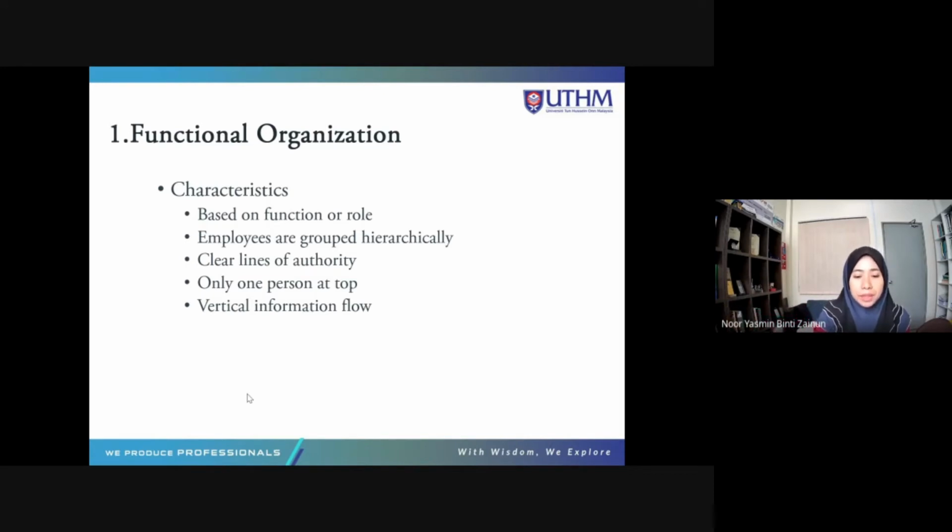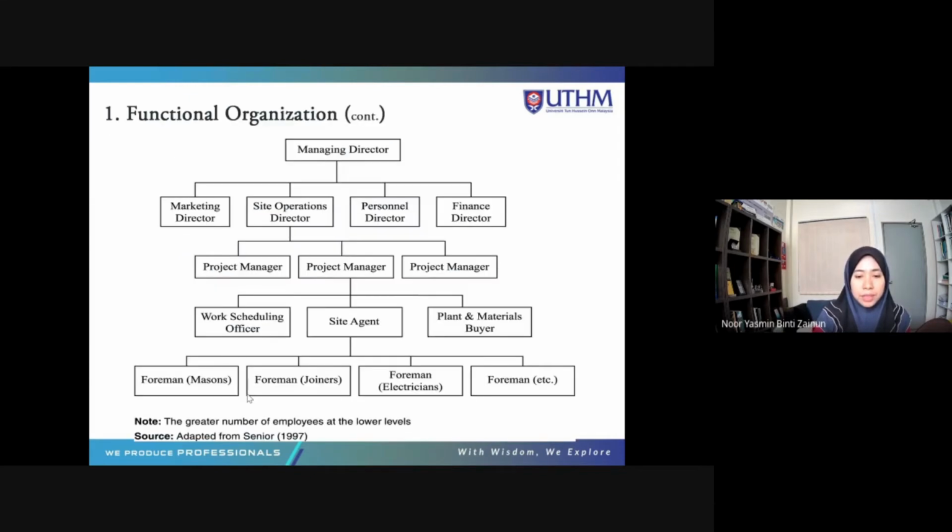And it has vertical information flow. Contoh macam ni. Kita ada project manager, managing director. Under the managing director, we have the marketing director, site operation director, personnel director, finance director. But in the site director, we have different project managers which actually control each function.